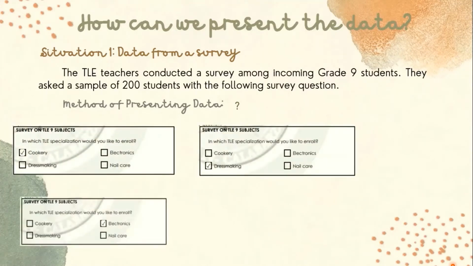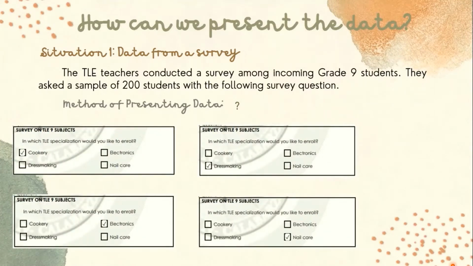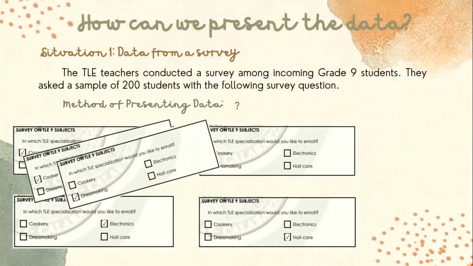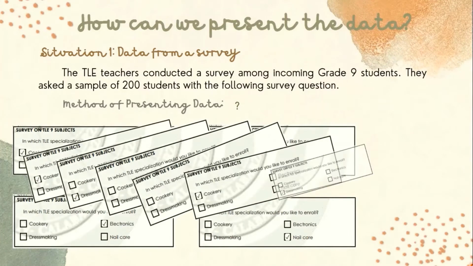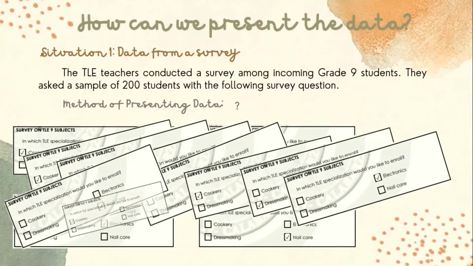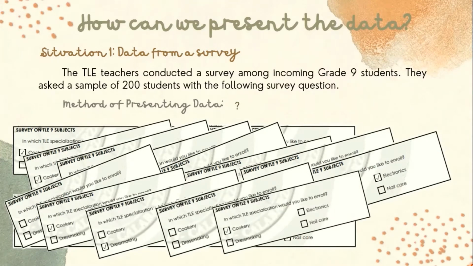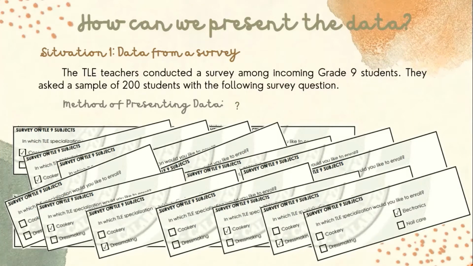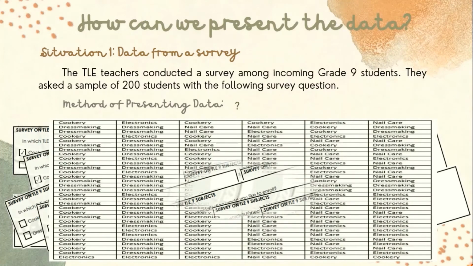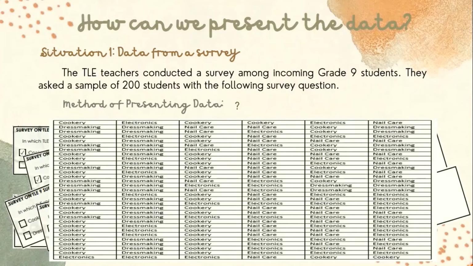Tandaan na sila ay nag-expect ng 4 answers. Pwedeng ang sagot ng bata ay cookery, pwedeng electronics, dressmaking, or nail care. At marami pa silang mga possible na makuha because we have a total sample of 200 students. Imagine kung ang ibibigay sa ating presentation of data ay ganito.